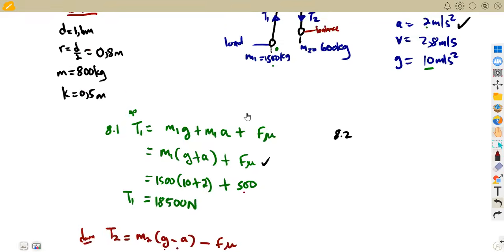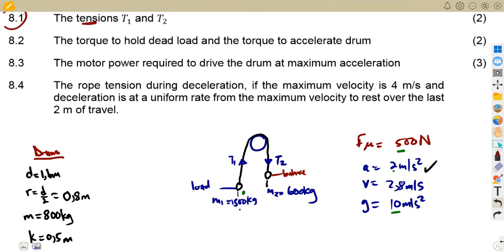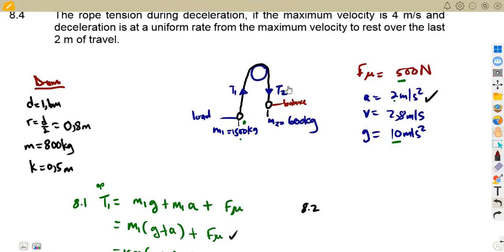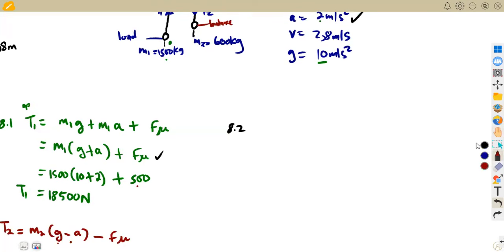So that was our question 8.1. 8.2, the question is now to calculate the torque to hold the dead load and the torque to accelerate the drum. So we need the torque that is going to hold the dead load, that is T load in this case, the one that is to accelerate the loads. All right, and the one to accelerate the drum. All right, so we are going to need torque.